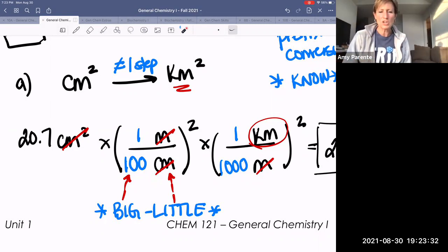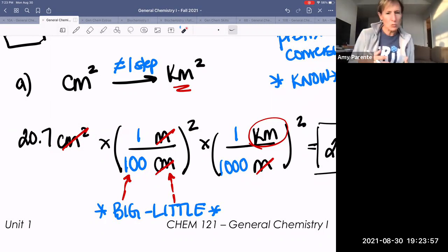When you want to change units, you take something that's in the numerator and you make it go away by putting that value in the denominator. Sometimes people get confused about which way to put it. Well, I want centimeters squared to be in the denominator, so it cancels with this centimeters squared. So that's how we're going to set these up.